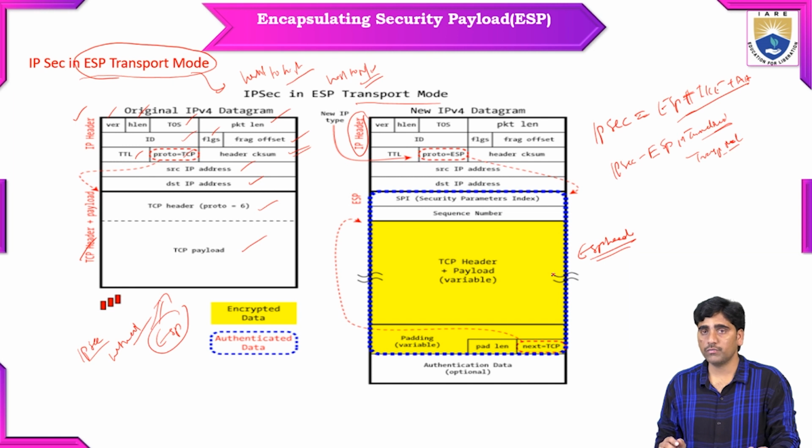So what are the fields that are extra added in this IP header? Here the IP header contains version, header length, type of service, packet length, ID of the packet, flags, flag offset, time to live, and protocol equal to ESP, header checksum, and source IP address and destination IP address.